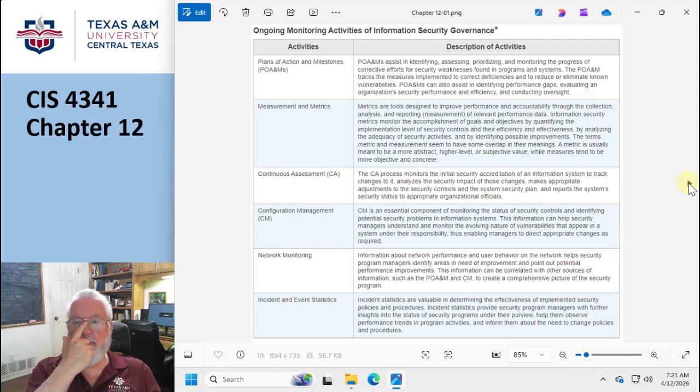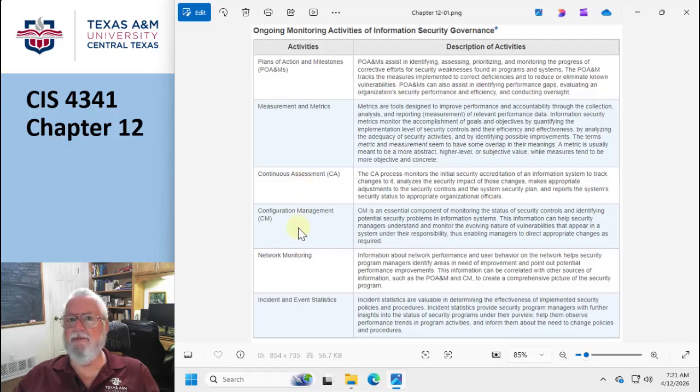So, plans and actions and milestones and measurements and metrics. From a due diligence perspective, you need to make sure things are accurate, measure it, and see if it does what you said it was supposed to do. Continuous assessment, or what most people call continuous improvement. In other words, we're currently doing this, but if we tweak a little bit, we can reduce the error rate, as an example.